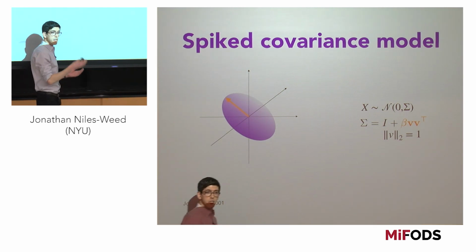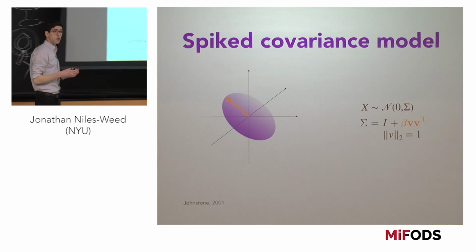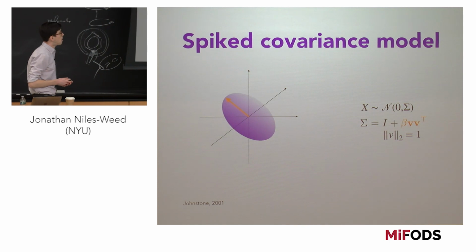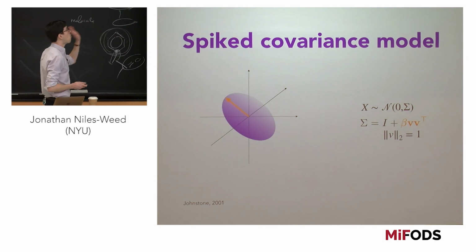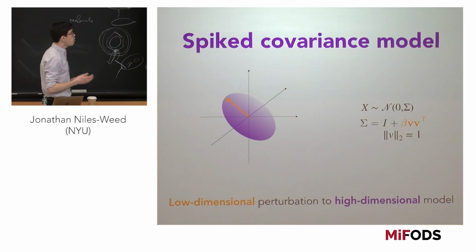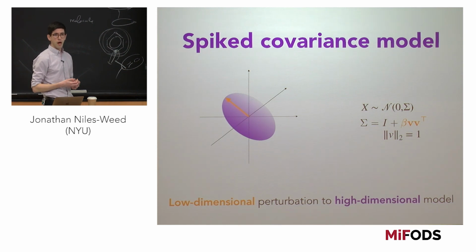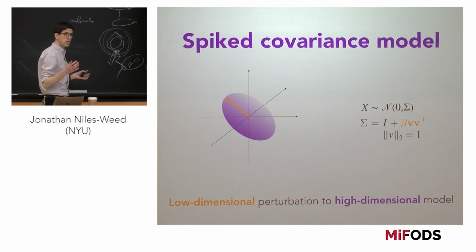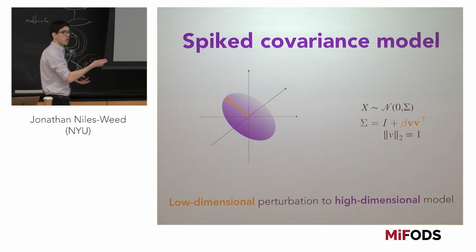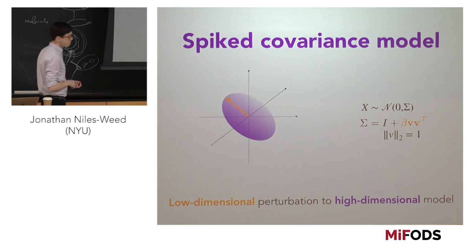Can I find the spike? Can I estimate the magnitude of beta? And so on. But the key takeaway is that it's a low dimensional perturbation to a high dimensional model. It starts off with a high dimensional distribution, and plants some structure that lives in an unknown low dimensional direction. And it asks, to what extent can this be exploited?